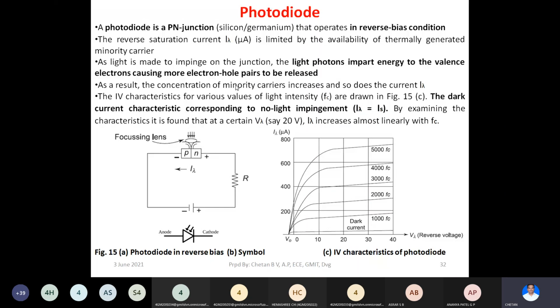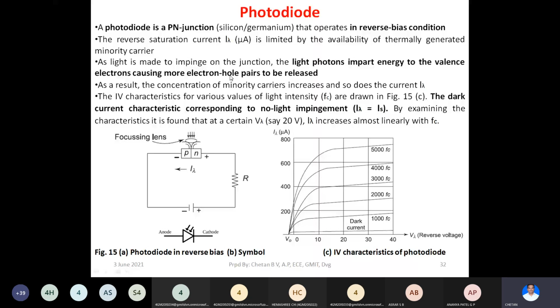So suddenly a small reverse current will increase to a larger current due to the formation of more electron hole pairs, and a large reverse current will flow. That large reverse current is termed as I lambda, the current which is generated due to the fall of photons, or whenever you make light fall on this, right?